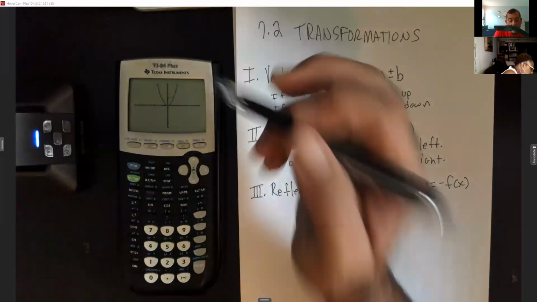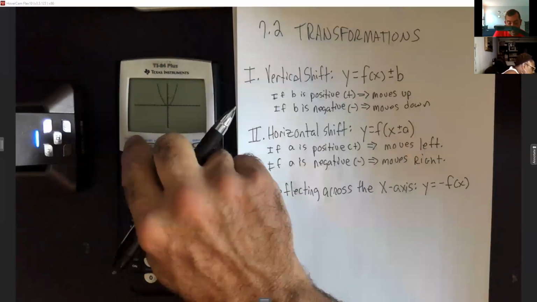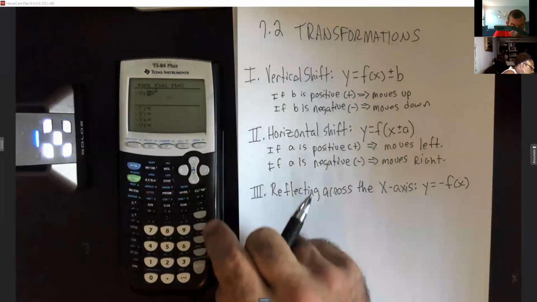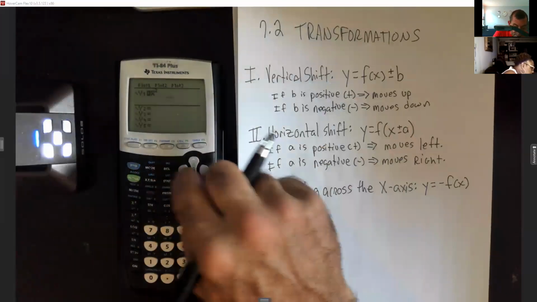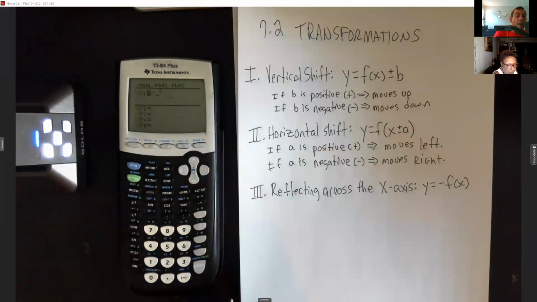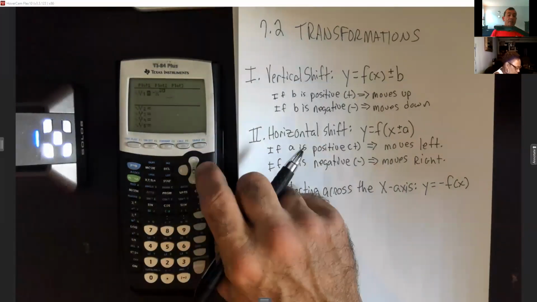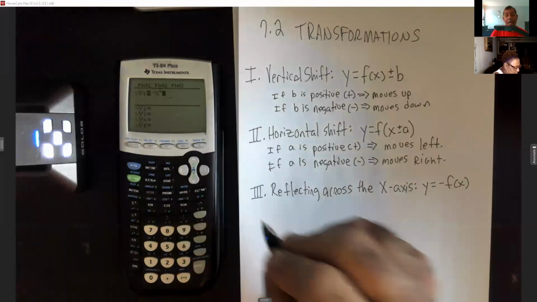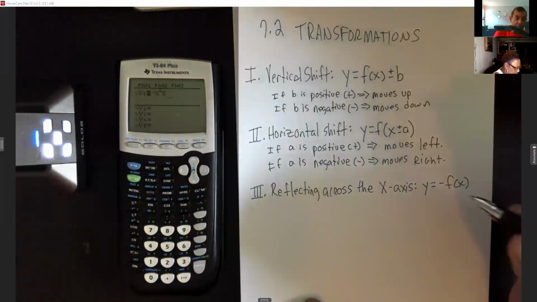But y'all, watch this. I'm going to go to y equals, and in the very front, I'm going to insert a negative. So now I got negative x squared. Watch when I graph this, y'all.